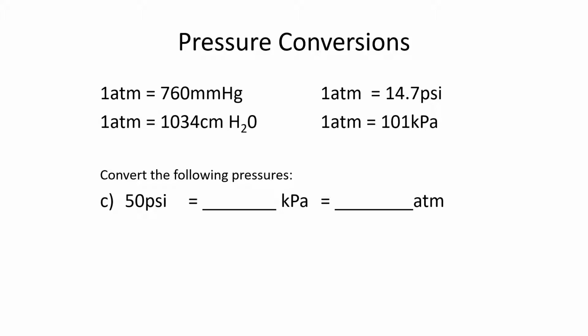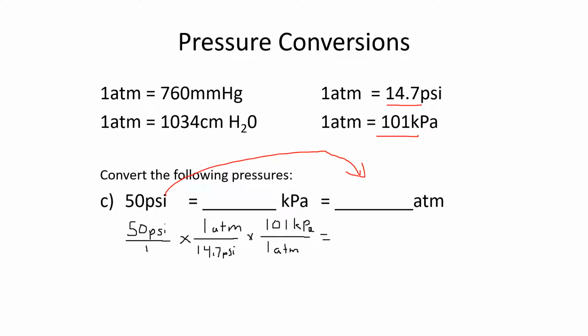Pounds per square inch. First step, divide by 14.7. Then for kPa, multiply by 1.1. For atmosphere, divide by 14.7, and then multiply by, oh, you don't have to multiply, you're done. So do this step first. Pounds per square inch, you got 50. There's 14.7 pounds per square inch per atmosphere.